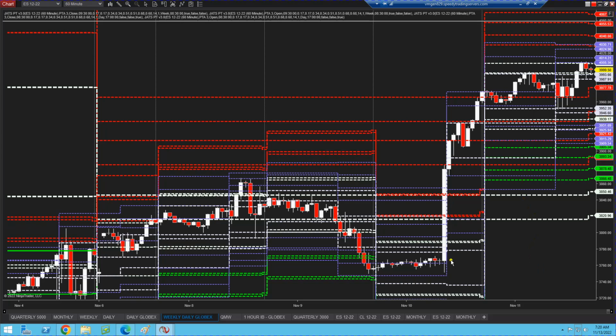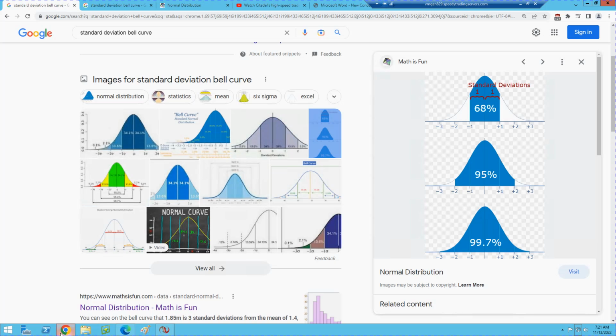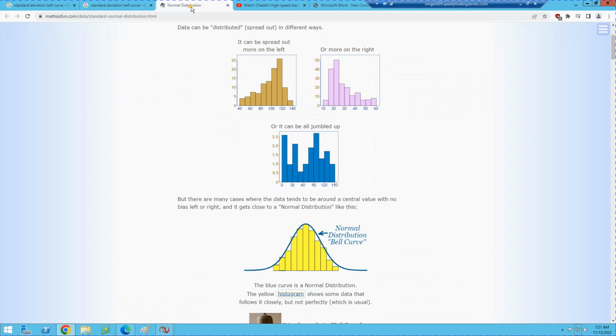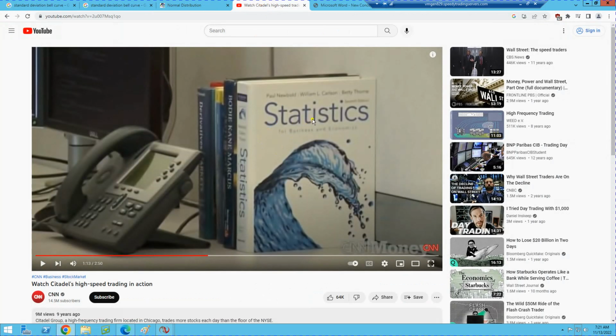Using statistics. Statistics and standard deviation, and yes, it does work. Now, yes, there are other levels. As you know, you've got VWAP, you've got volume profile, you've got other methodology, volume.